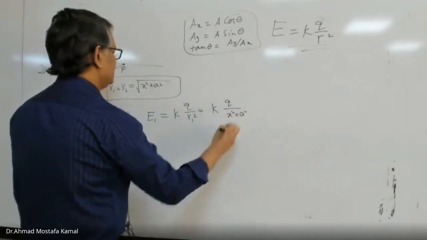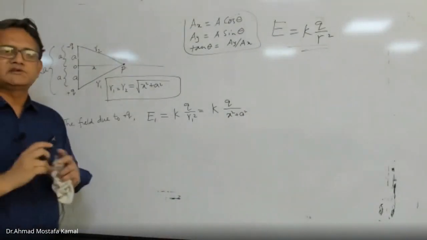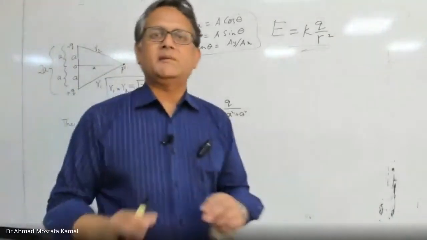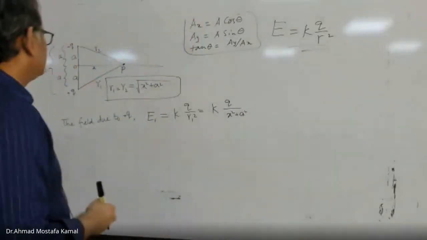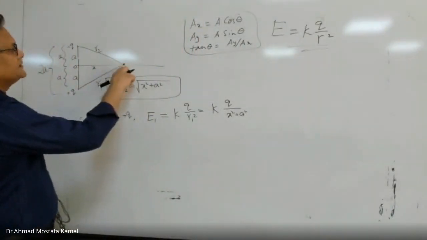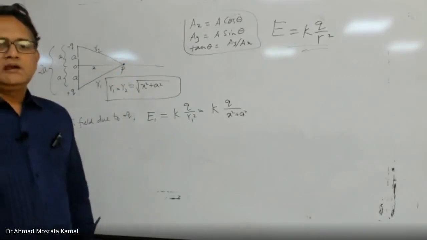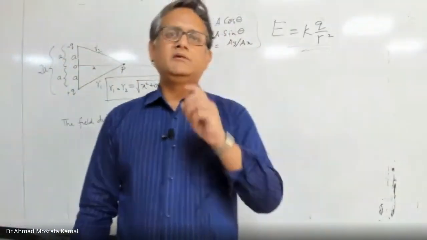That's all. So this is the magnitude of the field due to plus Q, and now we have to talk about the direction. If you recall the definition of electric field, it is the force per unit charge.